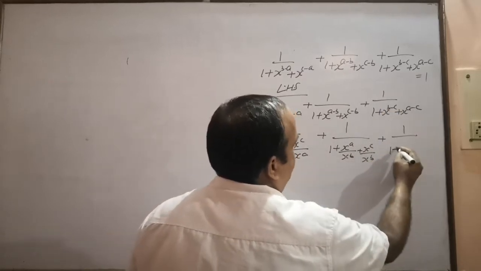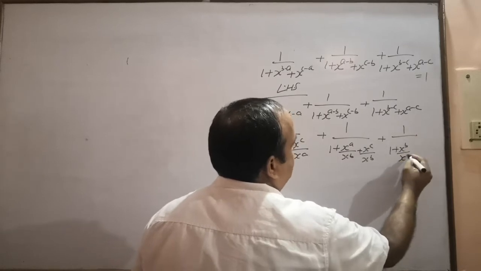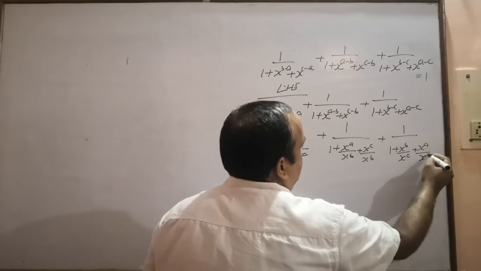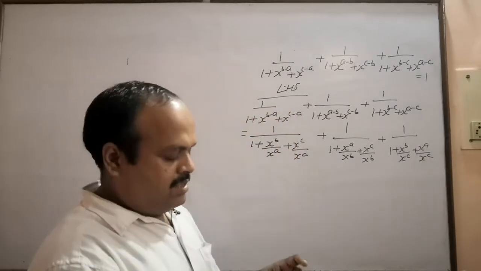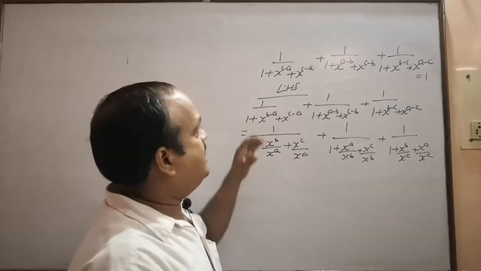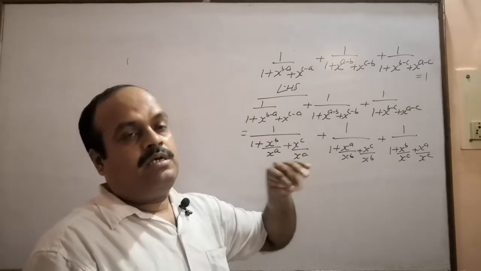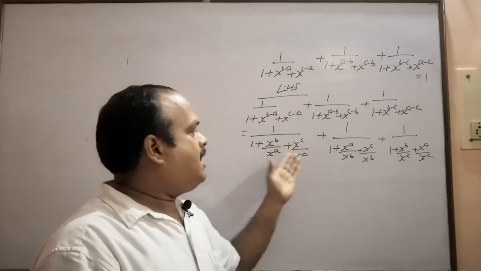Now the last one, 1 plus x to the power b upon x to the power c, x to the power a upon x to the power c. So what have I done? I have changed the denominator of these fractions into the sum of fractions.